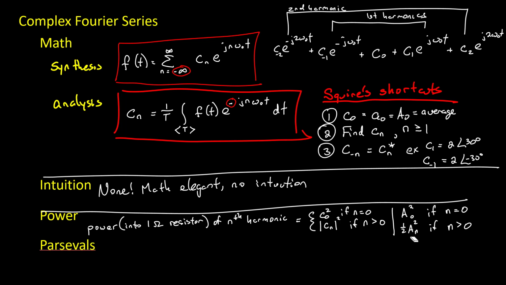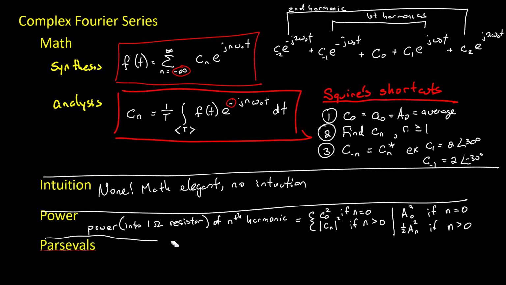All of the third harmonic's power is composed of this A sub 3 term, 1/2 A sub 3 squared. But that third harmonic is split when using the complex Fourier series breakout into a C sub 3 and also a C sub minus 3. And so therefore, each of our C components for n positive is only 1/2 of the total signal strength of what it is in our capital A sub n components.